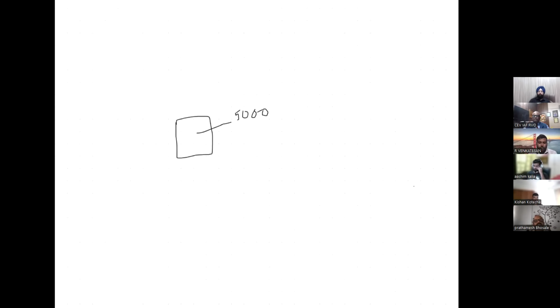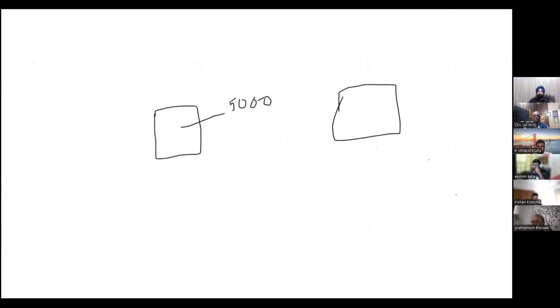And one of your friends does not own a building, but he has deposited 1 lakh rupees in the bank at the rate of 5%, and the bank is giving him 5,000 rupees as interest.